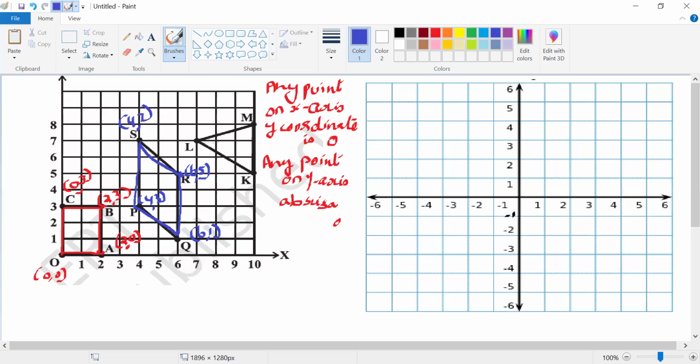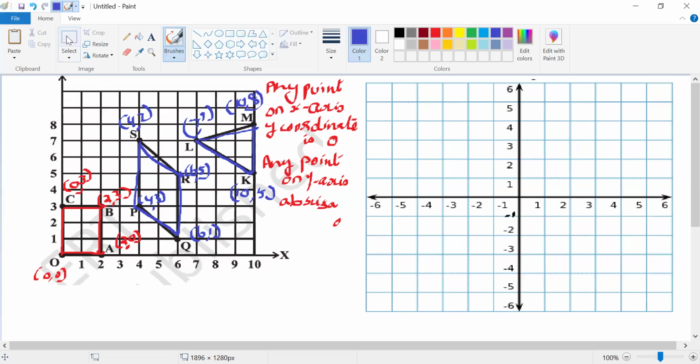Now come to LKM. L, 7, 7. And K, 10, 5. And M, same 10, but y coordinate 8. 10 and 8.